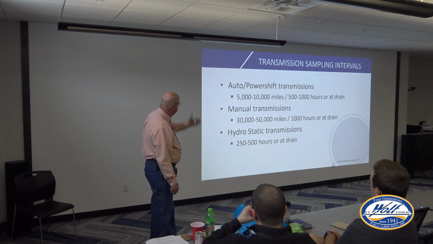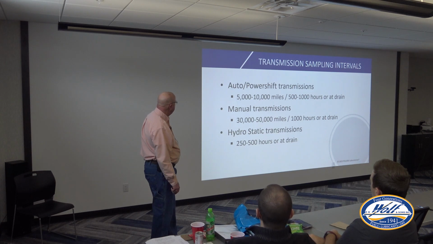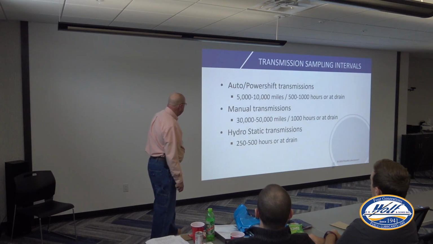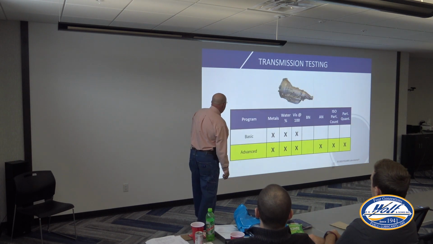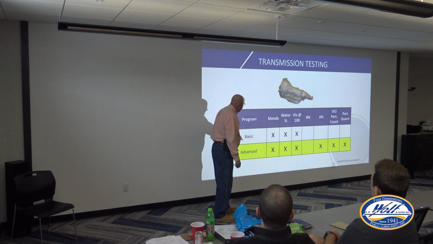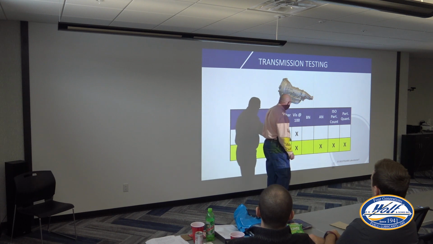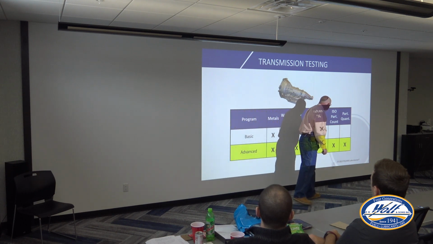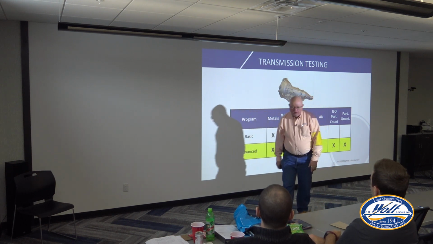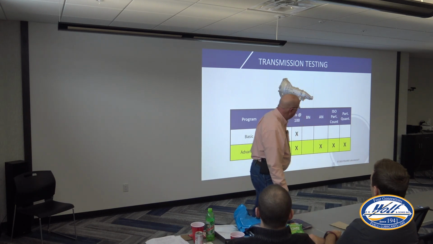All right, transmissions. We give you some sampling intervals here that you can refer back to. Again, these are just ballpark ideas to get you started. For the transmission, basic and advanced, we're going to do metals, water, viscosity, acid number, and we're also going to do isoparticle count and particle quantifier.